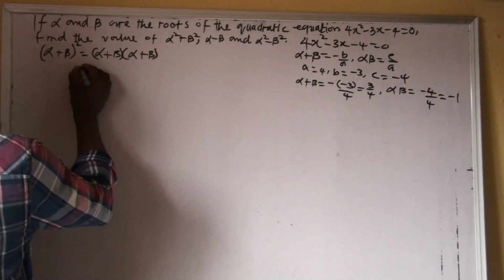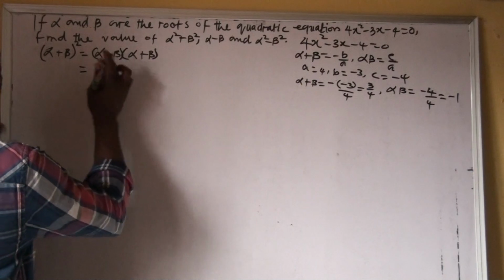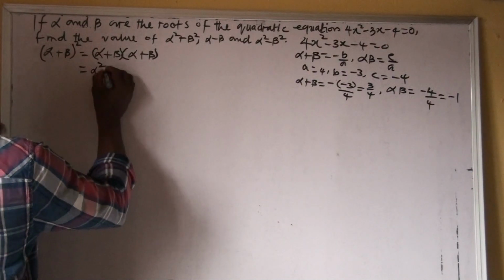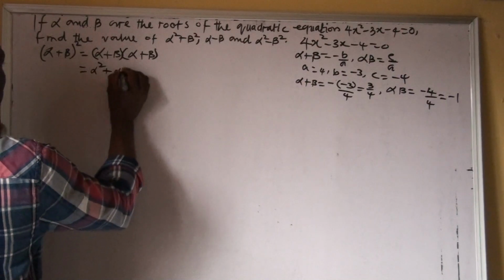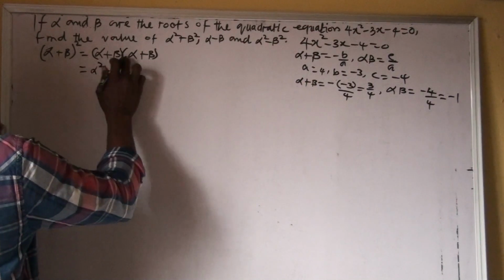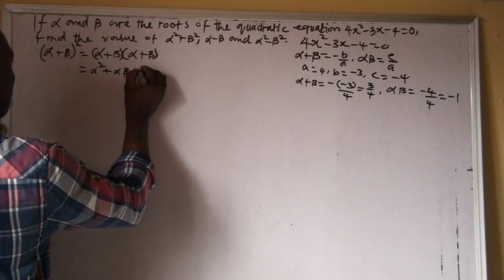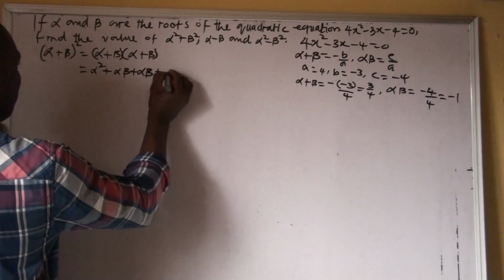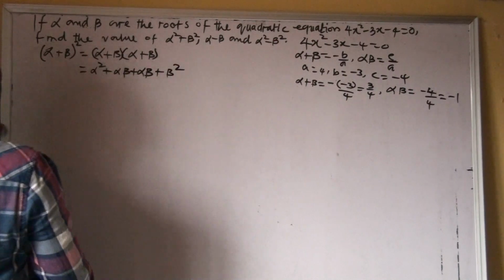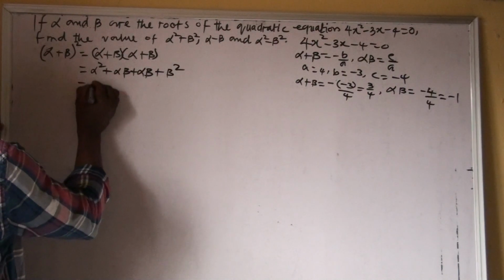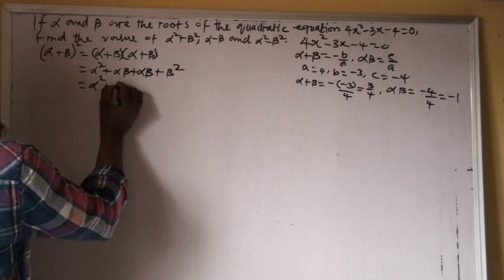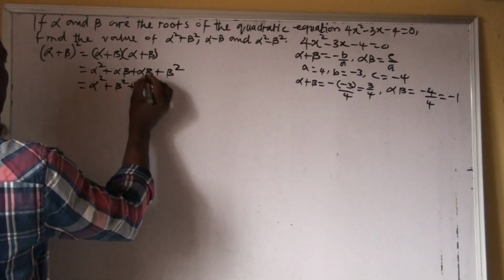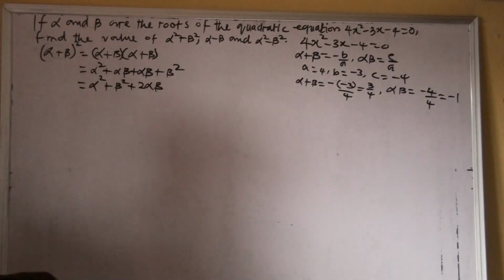What if we do that? Alpha times alpha is alpha squared. Then alpha times beta is alpha beta, plus alpha beta. Then beta times alpha is also plus alpha beta. Then beta times beta gives us beta square. Here we have alpha square plus beta square plus 2 alpha beta, since alpha beta plus alpha beta is 2 alpha beta.